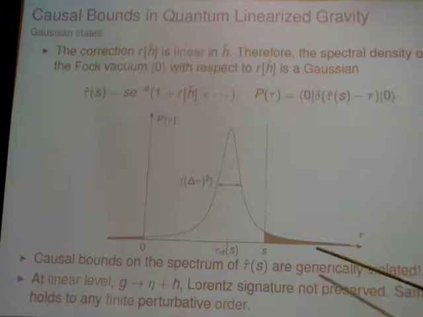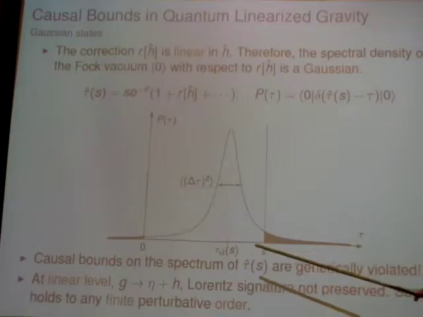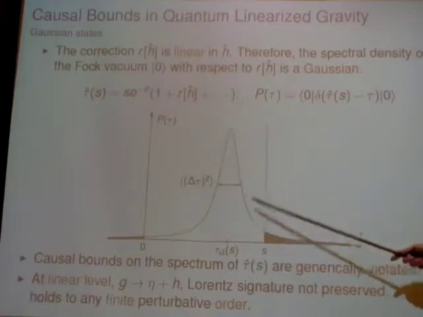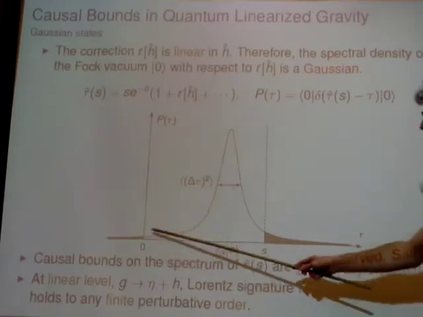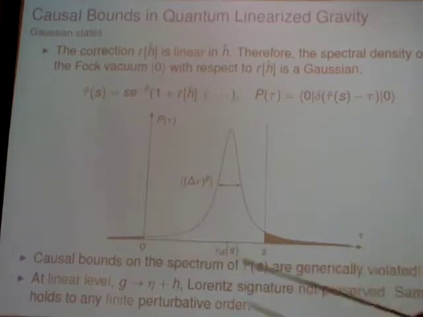So I mean, it's conceivable that once one quantizes the theory in some non-perturbative way, and one computes the spectral density of the observable in the particular state that would be chosen, you could have some probability leaking out of the classical bounds. That's not unheard of. Such effects occur in quantum mechanics.